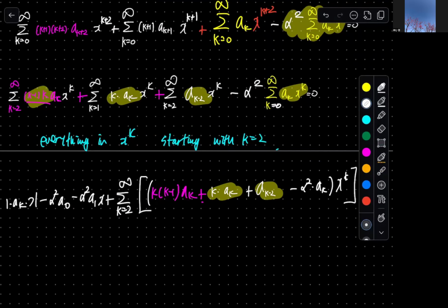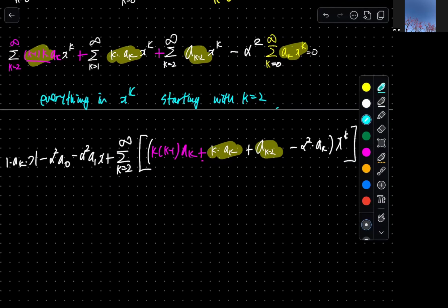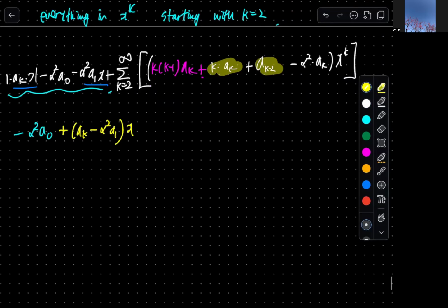All right. So now what are we going to do? Let's try to simplify anything within. So here, okay, I have a constant term, which is negative alpha squared a naught. And then the linear term will be simplified as a1 minus alpha squared a1 x, which cannot be put into the sigma. And the sigma here, I think what you can combine is the common factor of the ak.